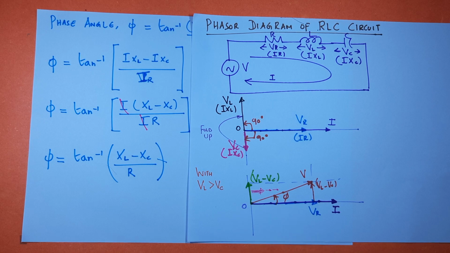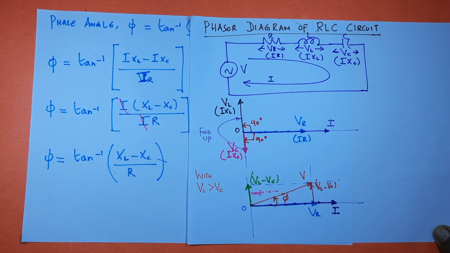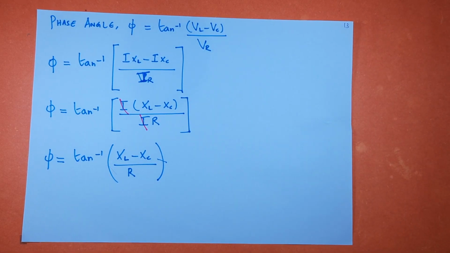In this, what is tan phi? Tan phi is opposite side by adjacent side. This is from trigonometry. What is the opposite side? VL minus VC. The adjacent side is VR. So that is what we are going to make use of.